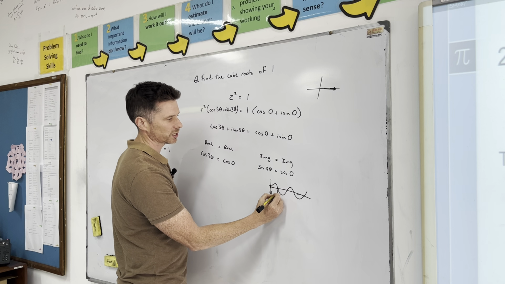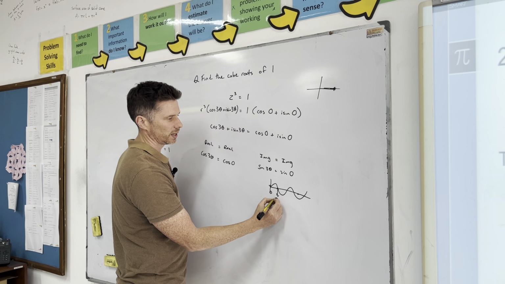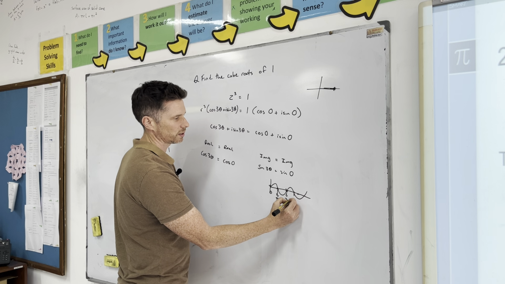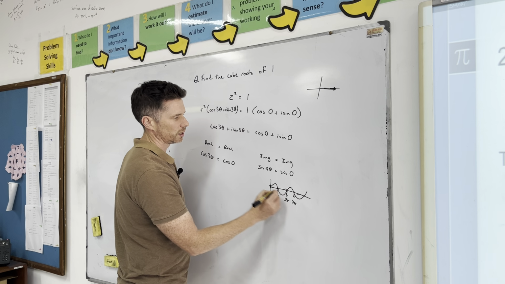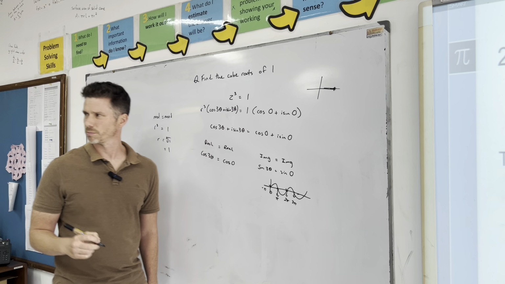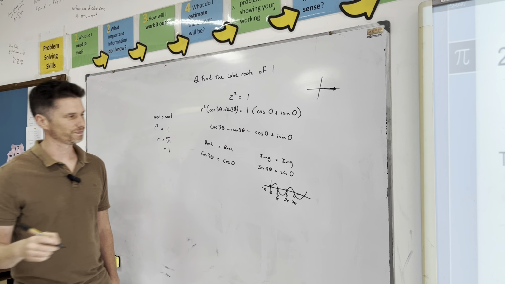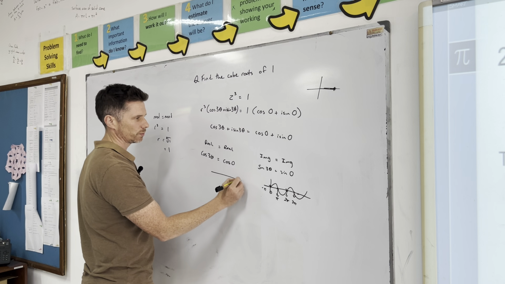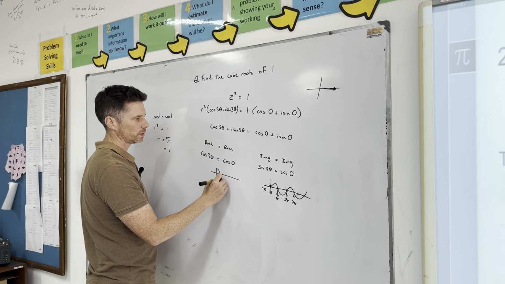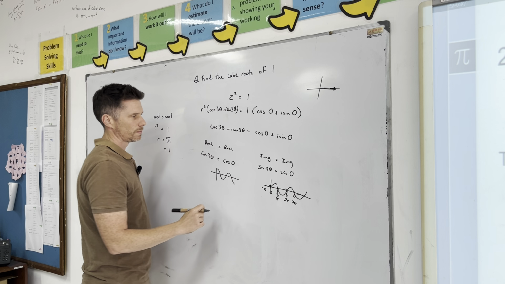So 0 and the next one is at pi, and the next one's at 2 pi, the next one's at 3 pi, and going backwards it would be negative pi. Every pi it would hit that 0 again. What about the cosine one? It would be half pi, then 3 pi over 2, then 5 pi over 2.